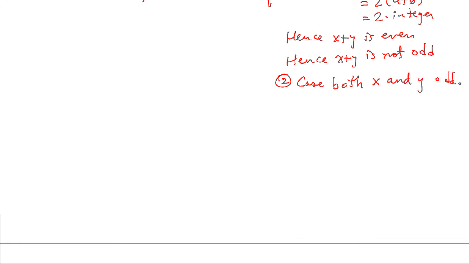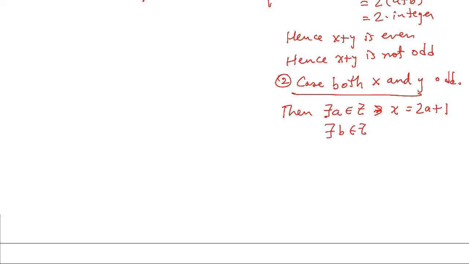And you'll see I'm going to do basically the same thing again. Then there exists an a, which is an integer such that x is equal to 2a plus 1, and there exists a b, which is an integer such that y is 2b plus 1.